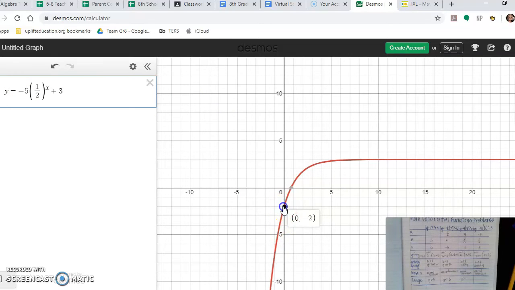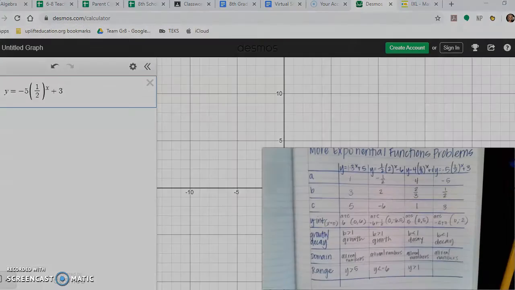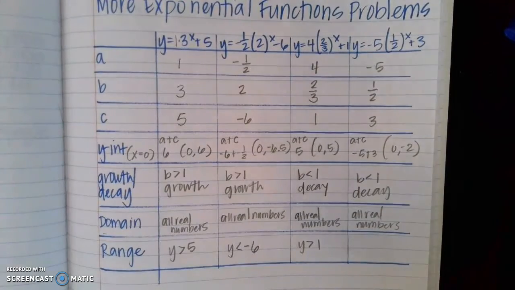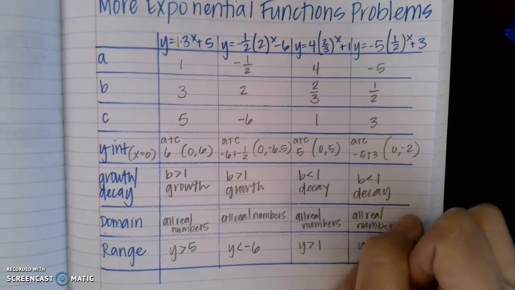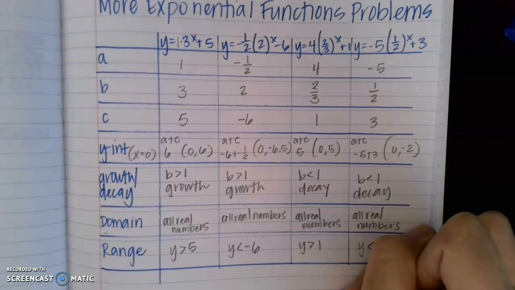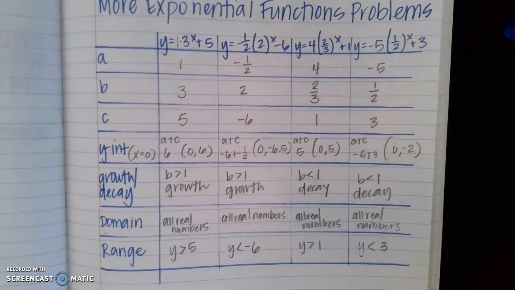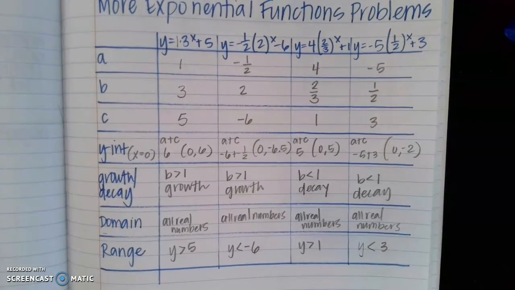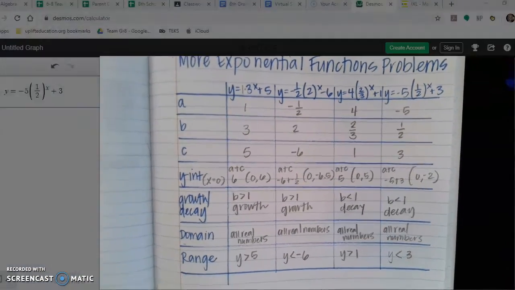And see, here's my y-intercept already, and I can double check that using Desmos. That's what we got in our table. But now our range values are going to be y is less than 3, my asymptote value.